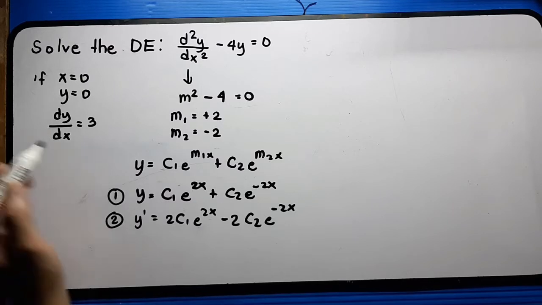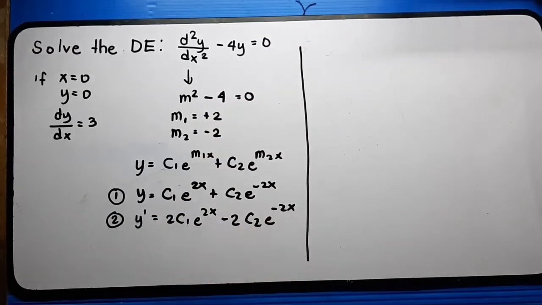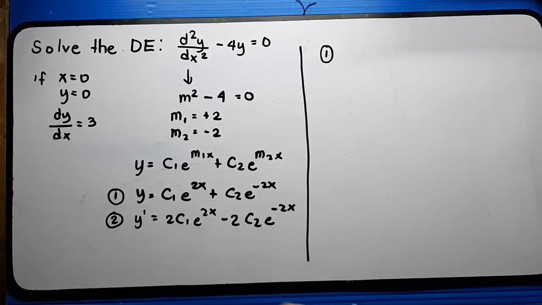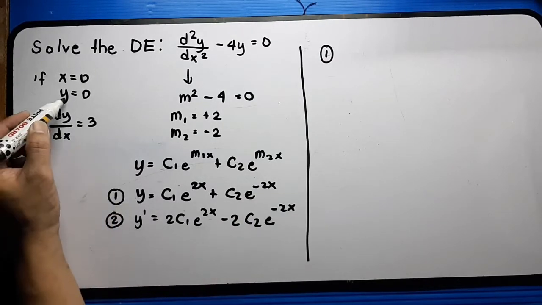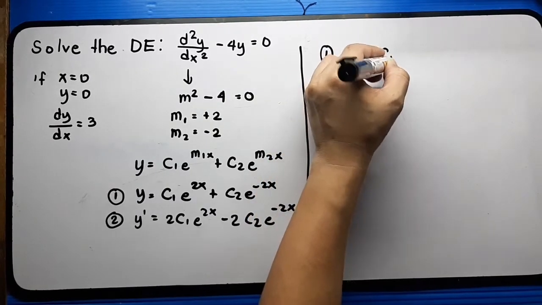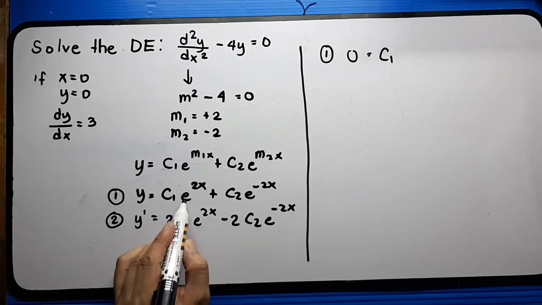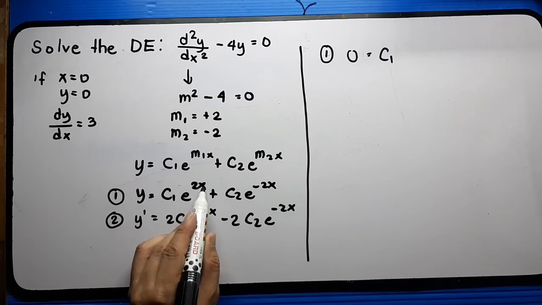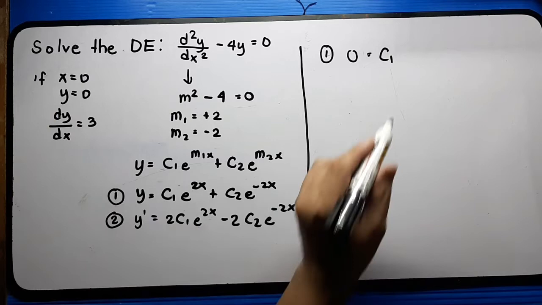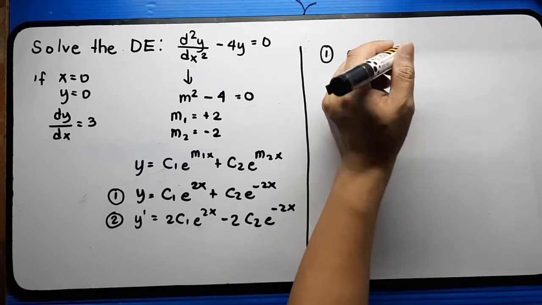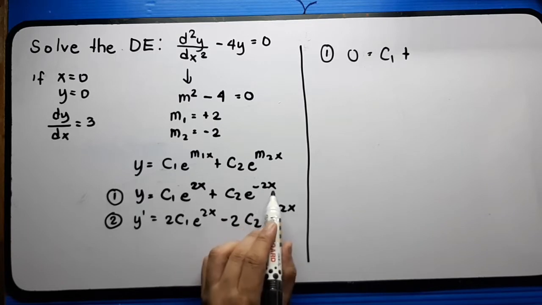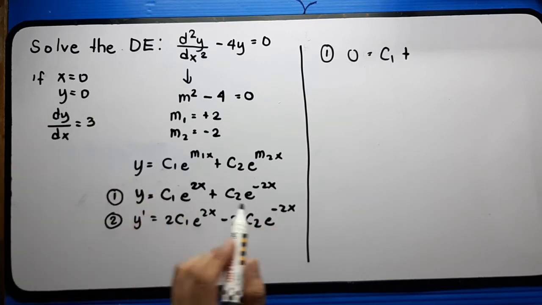So using the conditions, our equation 1 is now, with this condition, y is 0. So this is 0 equals c1 e raised to 0 because x is 0. So this is simply c1. Plus, same thing with c2e negative 2, then replace x with 0.